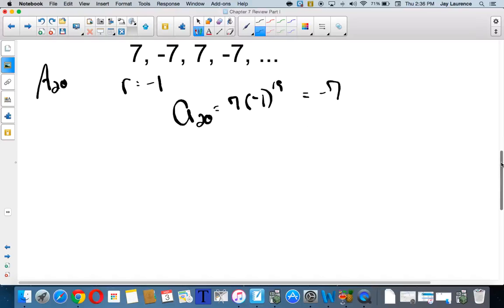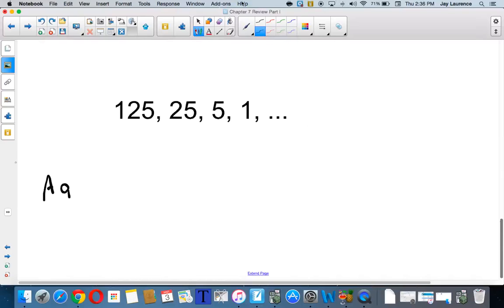Okay, coming down to the next one. All right, let's see here. Let me go find r, and it looks like r is going to be 1/5. If I do 25 divided by 125, and I simplify that fraction, I believe I'm going to get 1/5.